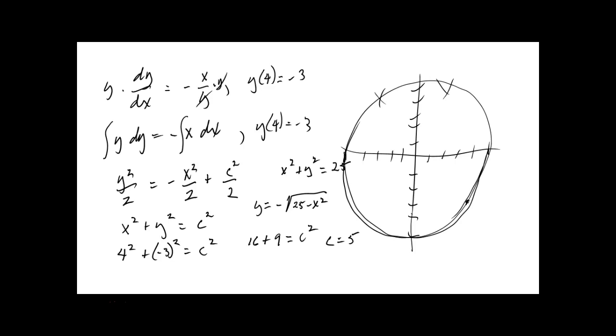So that would be probably the best way. That way, you have to specify y has to be less than 0, or something. Writing it this way is clear. It's taken care of. Now, without the initial condition, we would have had a series of concentric circles, depending on what c is. So it could be the top half, the bottom half of any of those concentric circles. This nails it, the negative square root of 25 minus x squared. Okay.